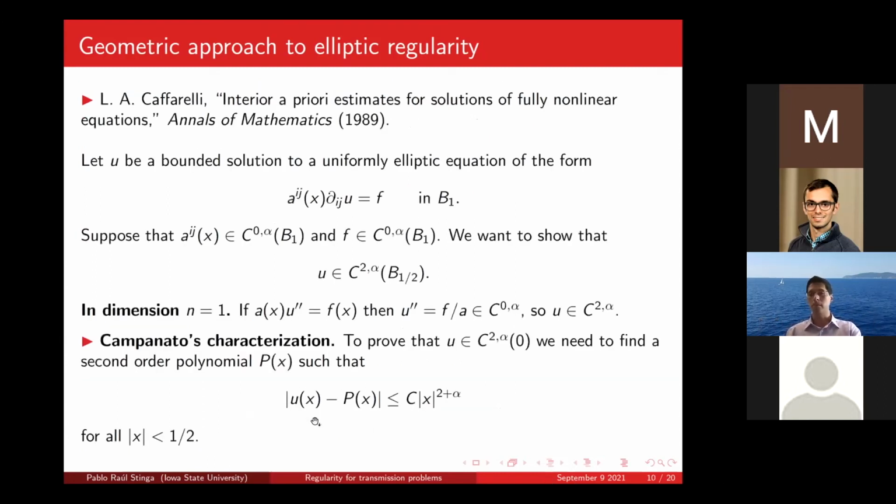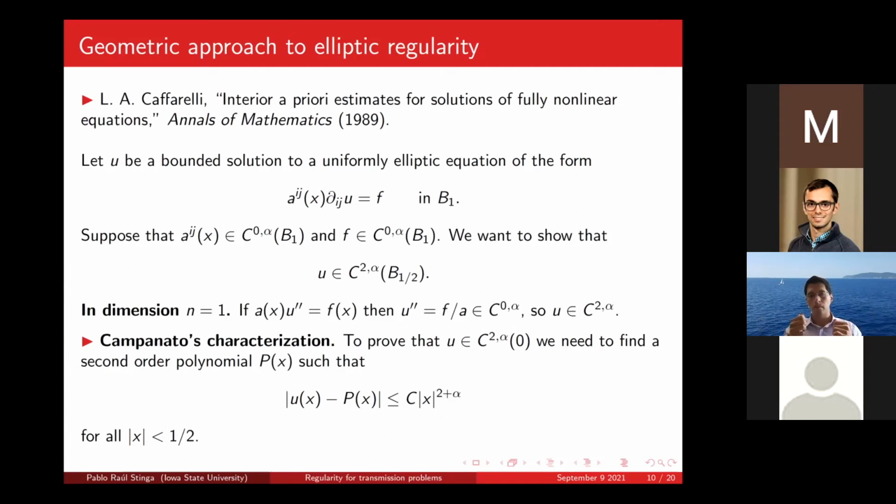Okay, there's a geometric way of looking at elliptic regularity, right? Essentially, since the a_ij's and f are continuous functions, C alpha functions, when you zoom in, the a_ij is becoming closer and closer to the identity, and f is becoming closer and closer to being a constant, say 0, right?